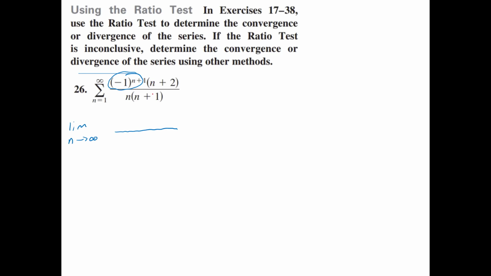There's an n right there, n plus 1 plus 2 is n plus 3, n plus 1 right there, and then n plus 1 plus 1 is n plus 2. We multiply by the reciprocal of a sub n. So we have n times n plus 1 divided by n plus 2.